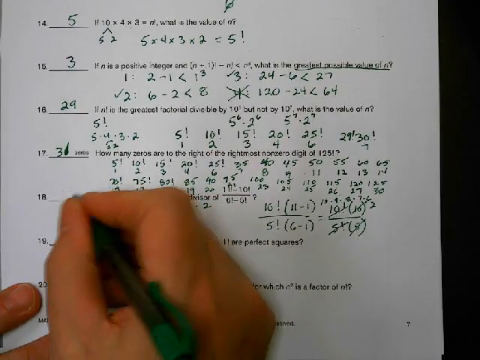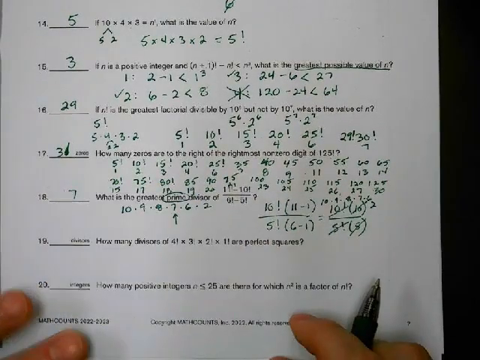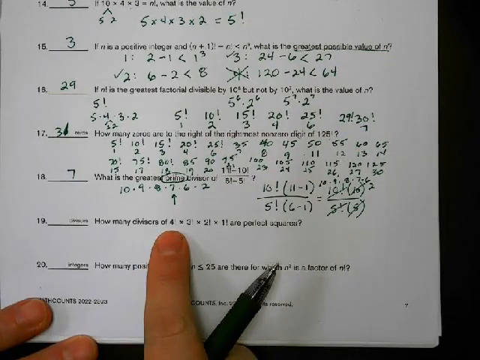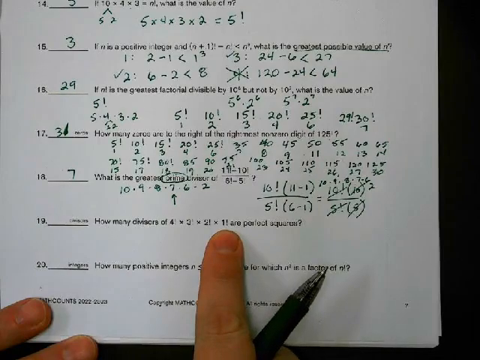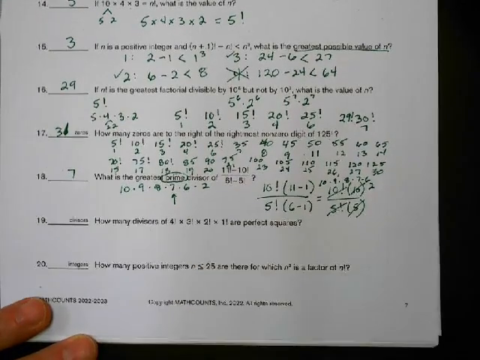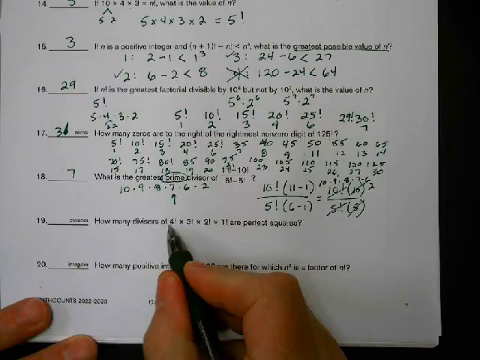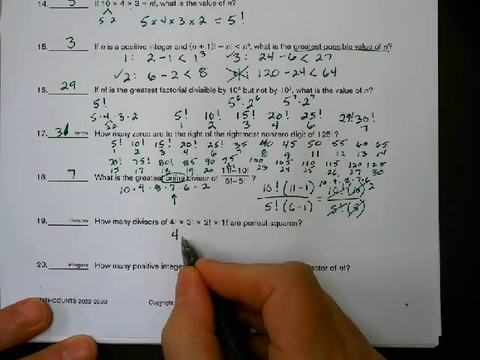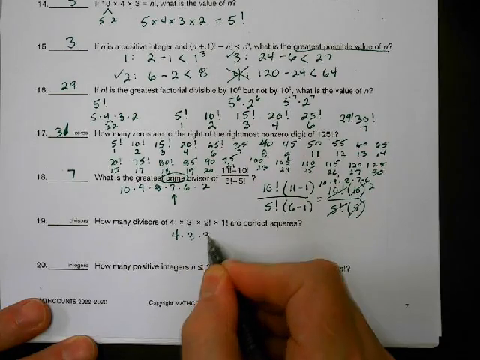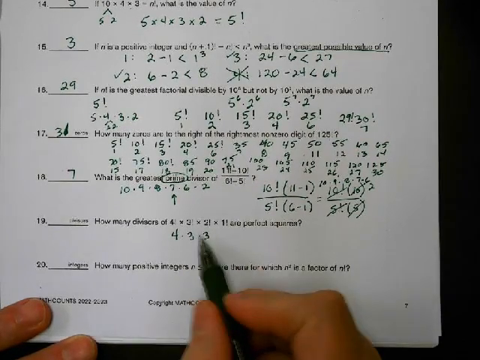How many divisors of 4 factorial times 3 factorial times 2 factorial times 1 factorial are perfect squares? All right, so I'm going to have 1 4, 1 2 3s. I'm going to have 1 2 3 2s.